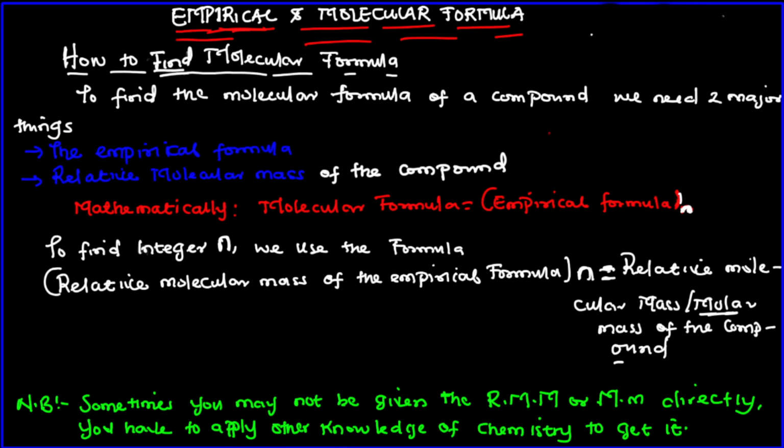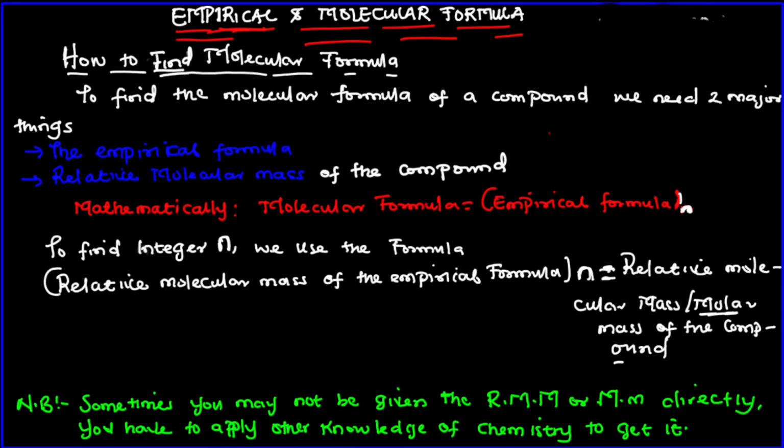So if I have 100 as the relative molecular mass of calcium trioxocarbonate(IV), this is also its molar mass. It's just that the unit of molar mass is gram per mole, while relative molecular mass does not have any units. That's just the difference, but they are numerically the same. So you can be given the relative molecular mass or the molar mass, it's the same.